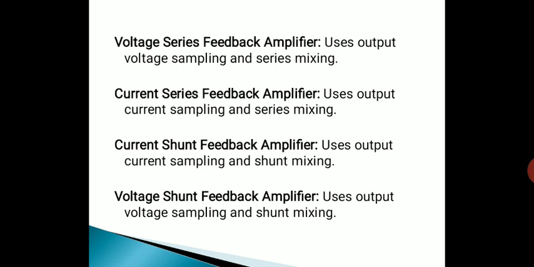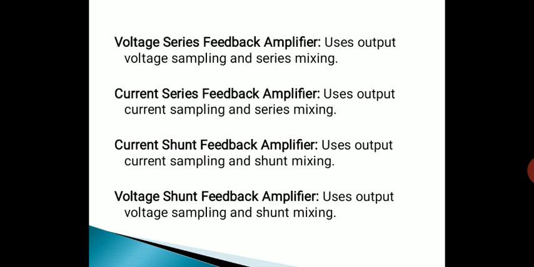And the last type is the voltage shunt feedback amplifier. Here we take the output voltage as the feedback signal and give it to the feedback network, and the output of the feedback network is connected in parallel with the external input signal. So it is called voltage shunt feedback amplifier.